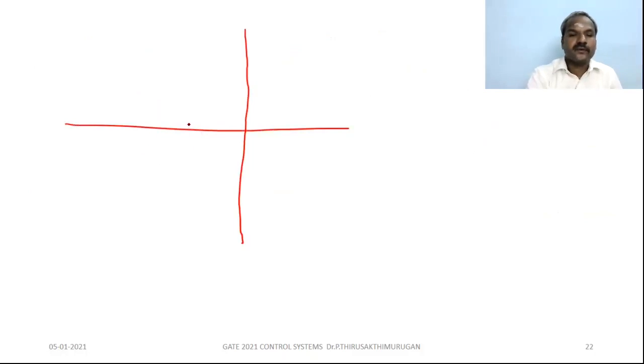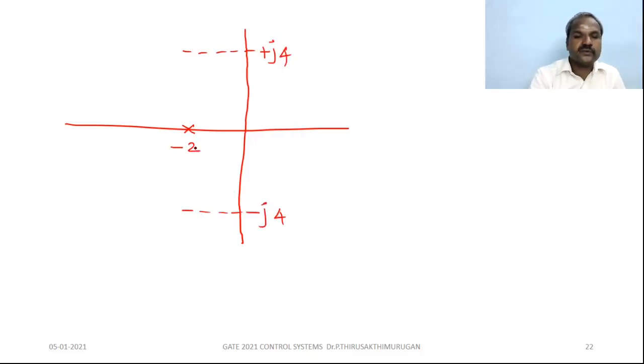Here is 2, here is 4, so plus j4, minus j4. This is minus 2. Here is minus 5. This is one pole and this is another pole, so there are 2 poles.